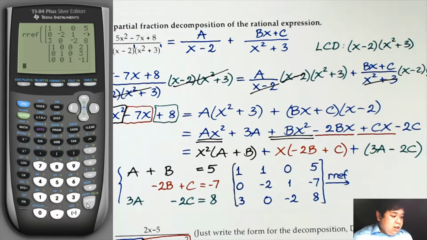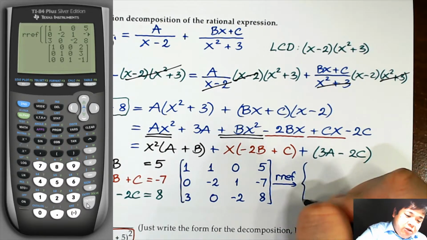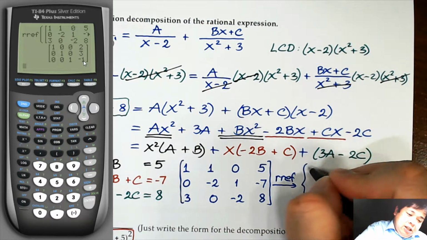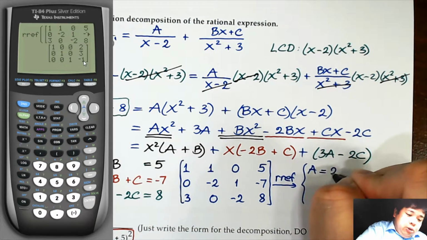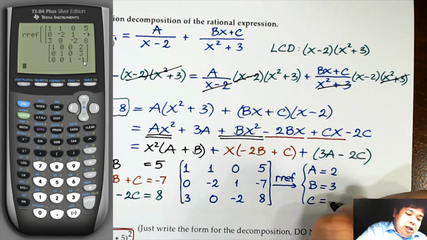Right, so we have that. Of course, we can write the whole matrix again, but all I need to write is the values. So the first one is A, B, and C. So A equals 2, B is 3 and C is -1.